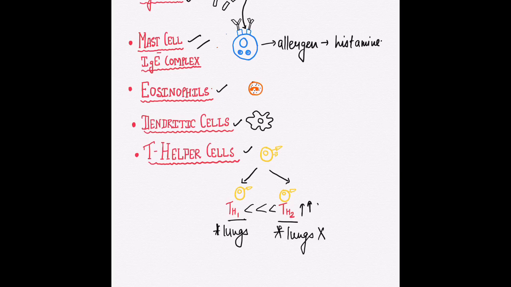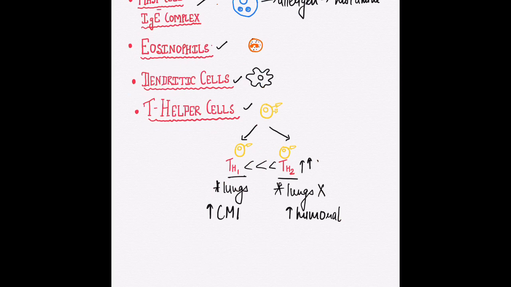Now, the T helper 1 cell promotes inflammation by increasing cell mediated immunity, whereas the T helper 2 cell increases the inflammatory process by increasing humoral immunity. And as we all know, this increased humoral immunity would reflect in increased production of several antibodies against the allergen.